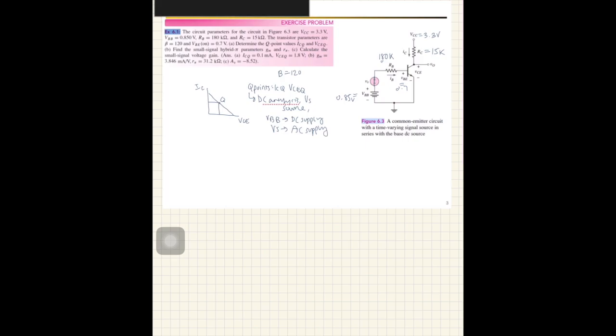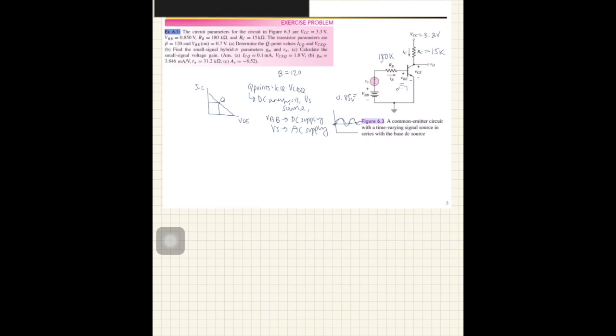So how it relates is initially the Q point is set using the DC value, and the AC signal rides on that. Let's continue with our analysis.